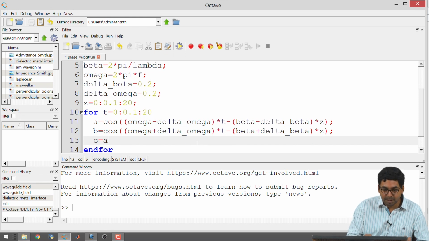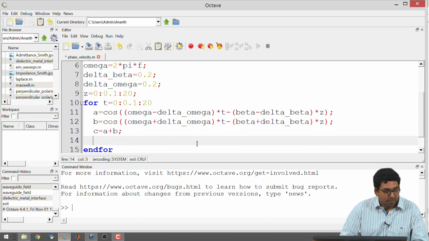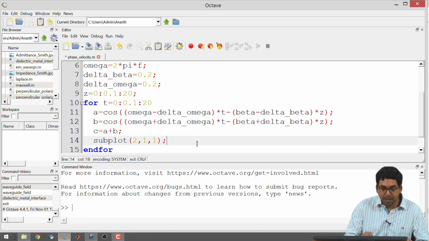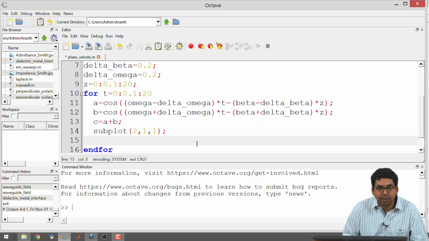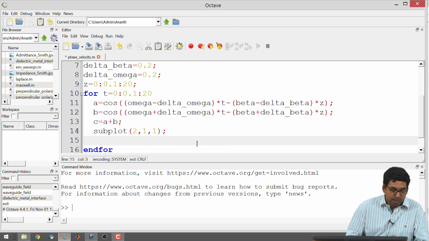So, I am just going to do C is equal to A plus B. So, I am going to create two plots to highlight the differences between A and A plus B. Okay. So, I am going to have two plots, one on the top and one on the bottom.